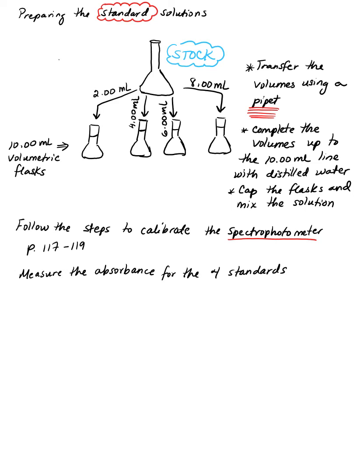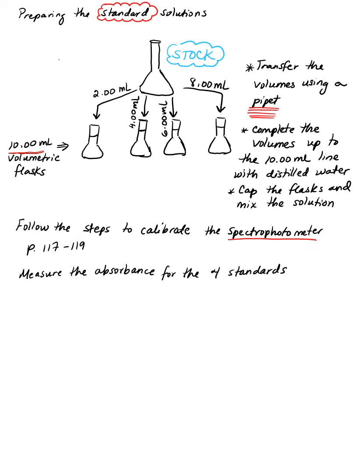It means that we're taking a specific volume from the stock and we're diluting that volume to a new volume. So I have my stock solution and I'm preparing 4 standards. All of my standards are going to have a total volume of 10 milliliters, because you're going to be using a volumetric flask of 10 milliliters each one.